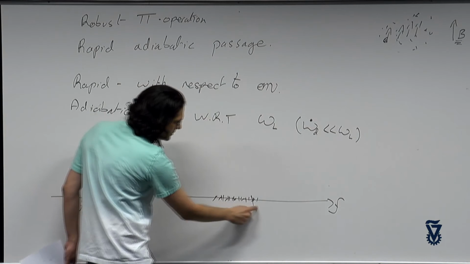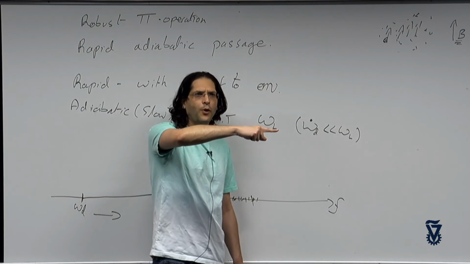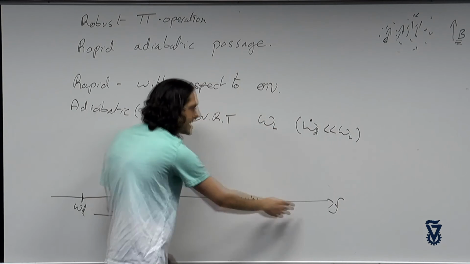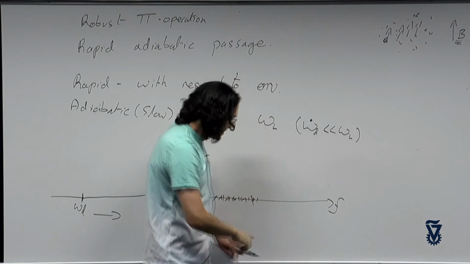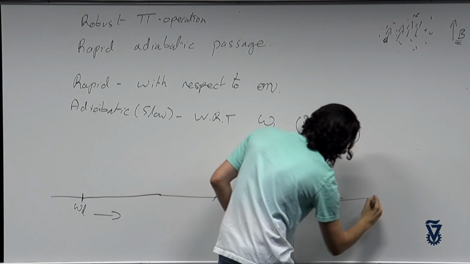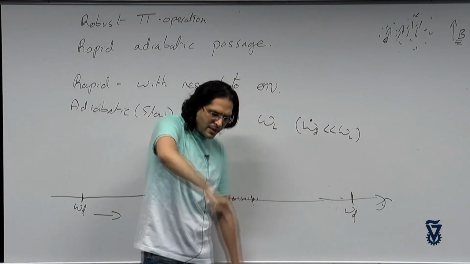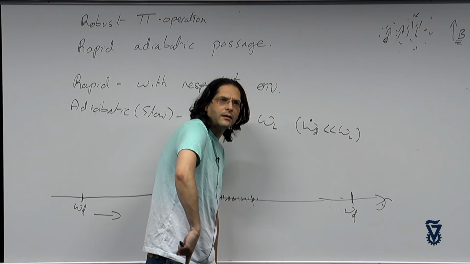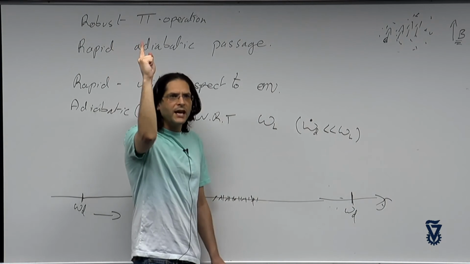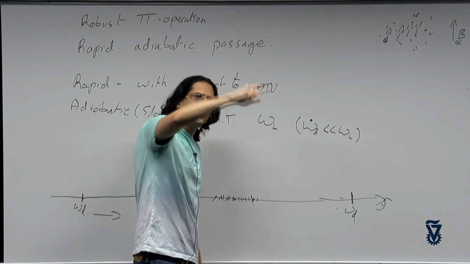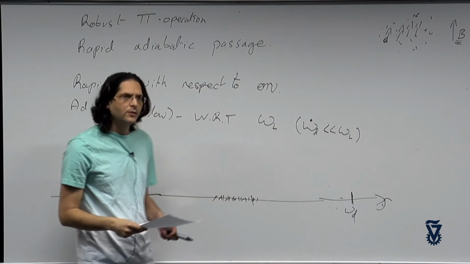So each of these magnetic moments will pass through this point at a different time in the scan, but they will also all be doing this. And at the end, when we go to frequencies which are far away, again, they'll be stuck like this. Okay? So we're taking all these magnetic moments and we're robustly flipping them by 180 degrees.